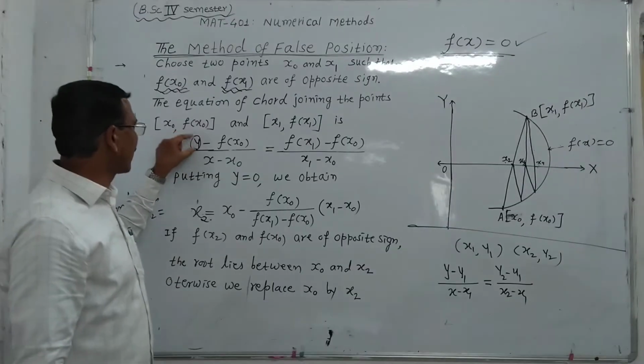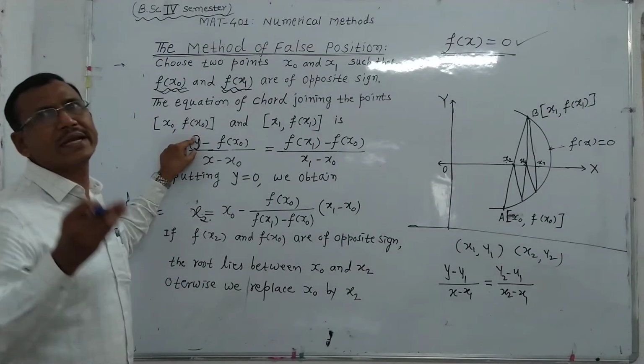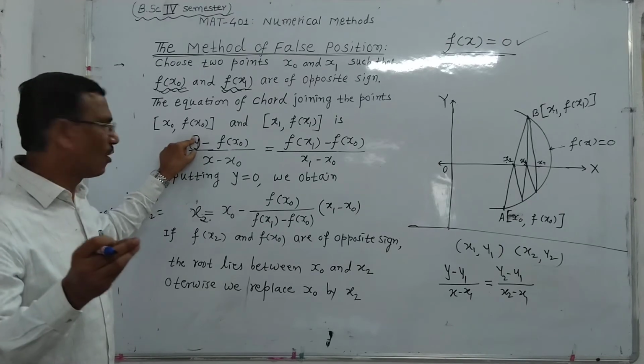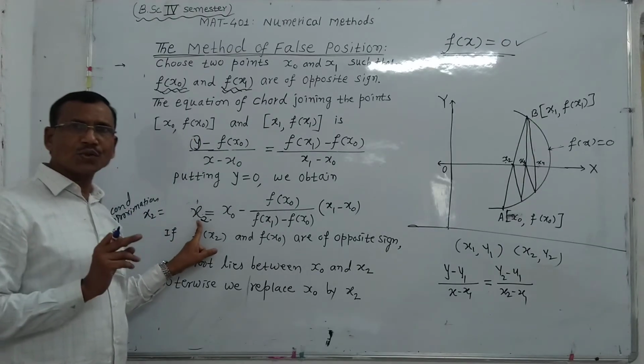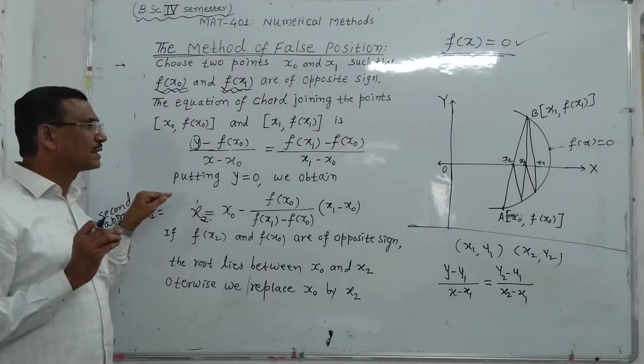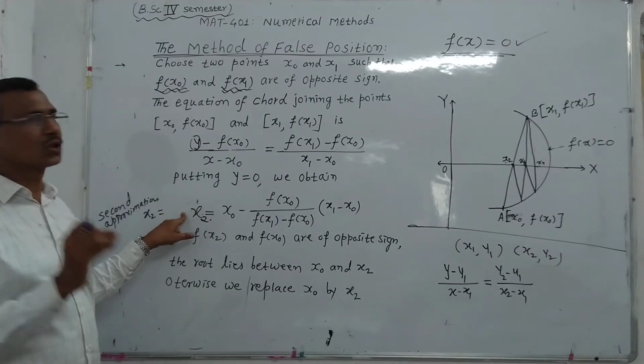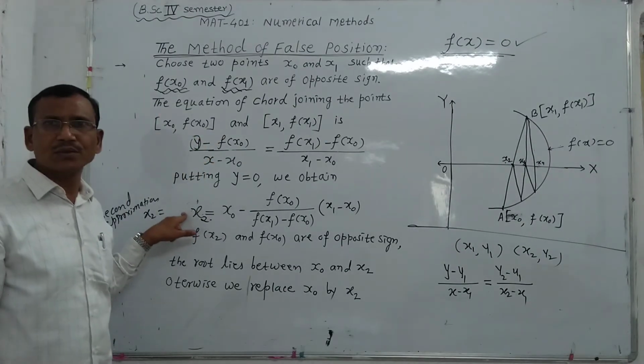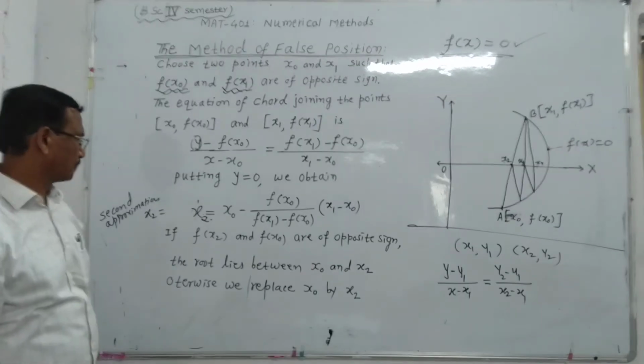In this equation, putting y equal to 0, we get a new value of x. That new value is denoted by x2, and we consider it the second approximation to the solution of f(x) = 0.